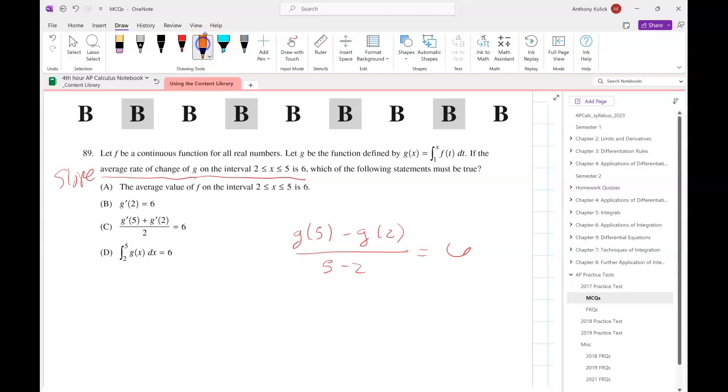Now we know what g of x is. So if we put that in, that's going to be the integral from 1 to 5 of f of t dt, minus the integral from 1 to 2 of f of t dt.